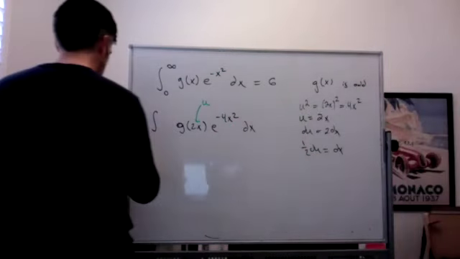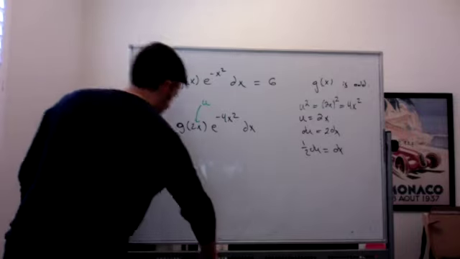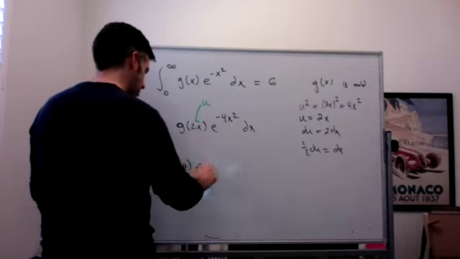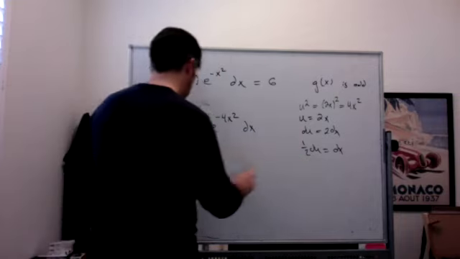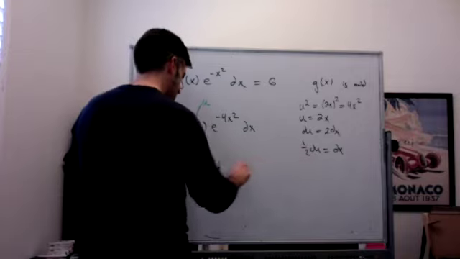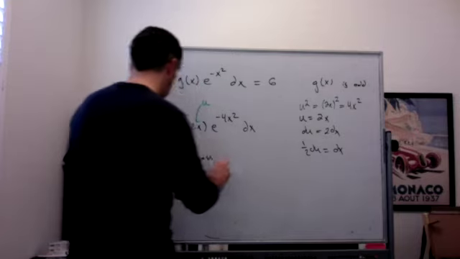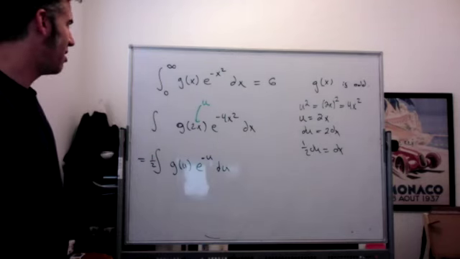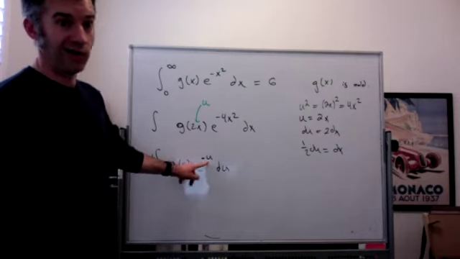So this is equal to the integral of g of u, e to the negative u squared, and then dx becomes 1/2 du. Oh, sorry, that's not just u, it's u squared.